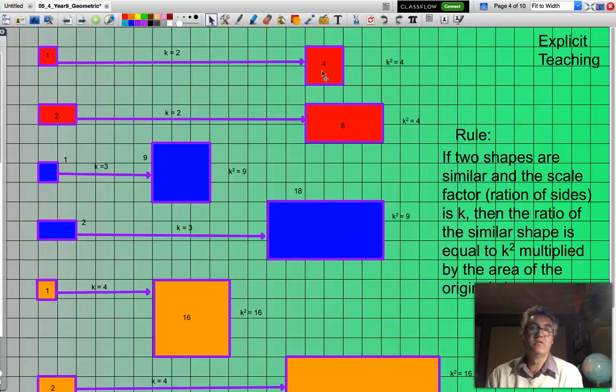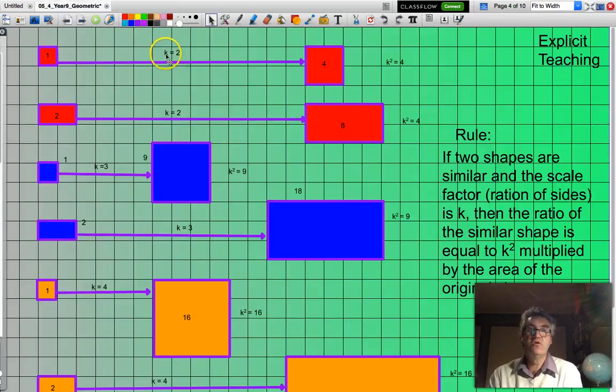So I can say that the ratio of the areas is 4 divided by 1, or k squared equals 4. And the ratio of the sides, 2 divided by 1, or k equals 2. So just think of k as the scale factor.